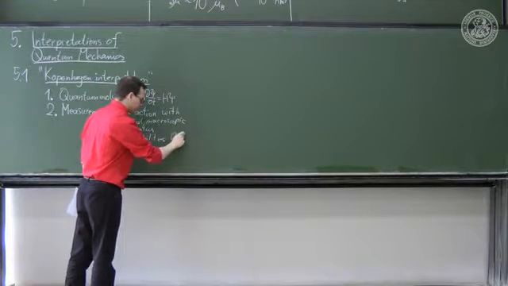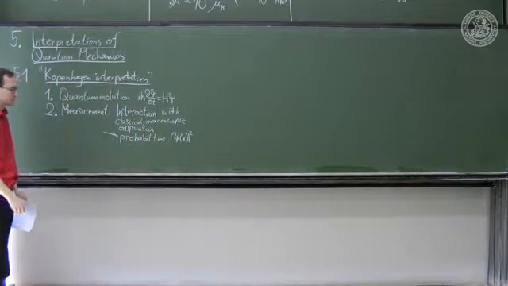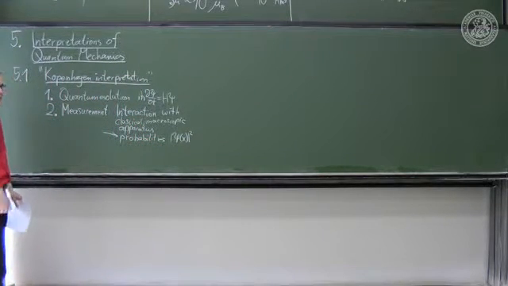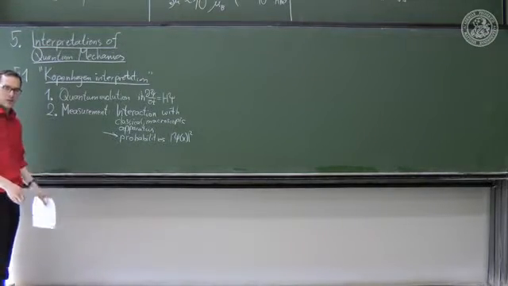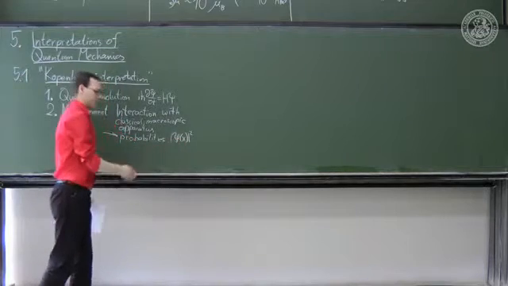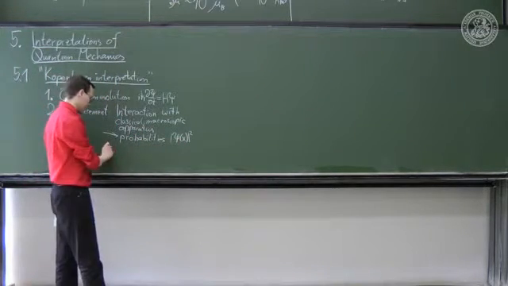So for example, if it were an x measurement, you would have psi of x squared. And then if this outcome does appear, the wave function has to be collapsed onto this state, for example, onto a state localized at a specific point x.